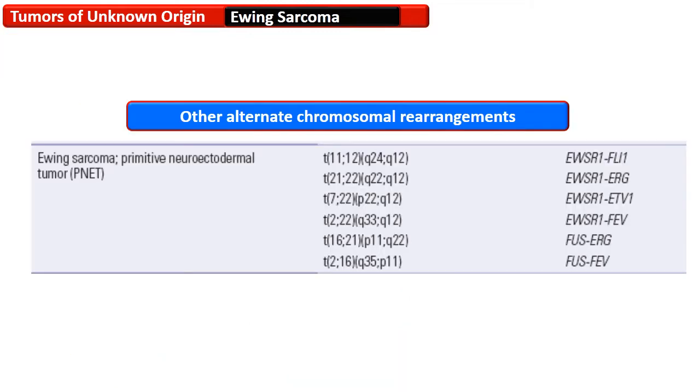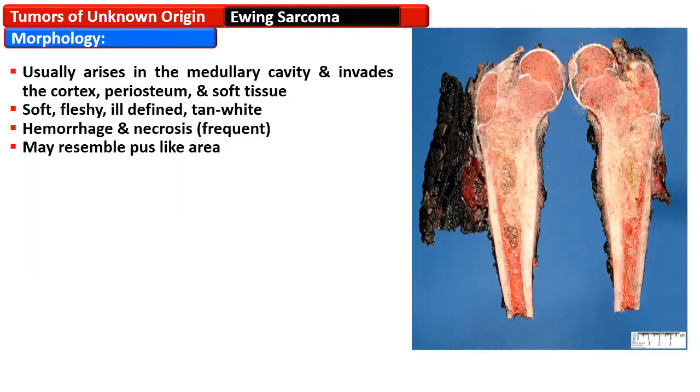In a minority of cases, other chromosomal translocations are also noted, and fusion with the ETV, FEV and ERG genes are also seen. Ewing sarcoma arises in the medullary cavity and invades the cortex, periosteum, and also goes into the surrounding tissue.